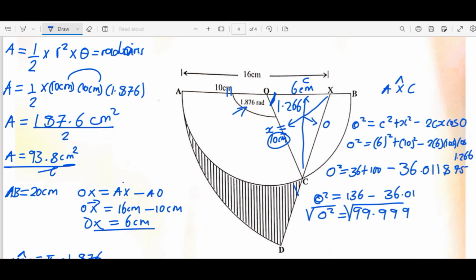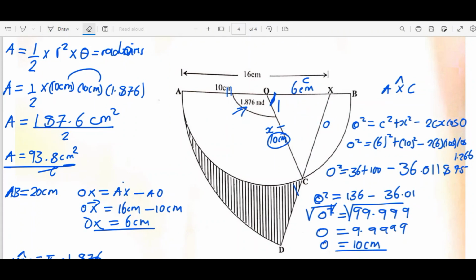O is equal to the square root of 99.999, so I'm getting about 9.9999. If we round this off, we get the value of 10 centimeters, which simply means that the distance XC is 10 centimeters.